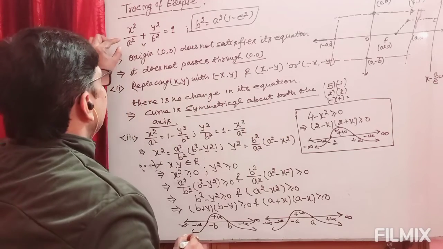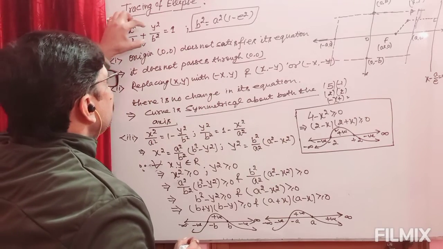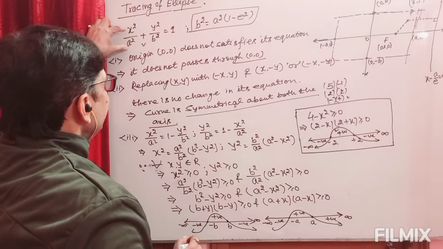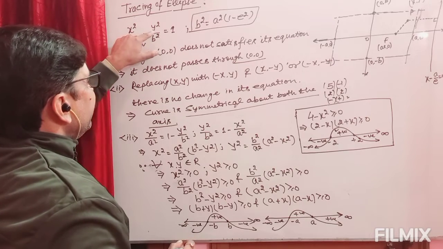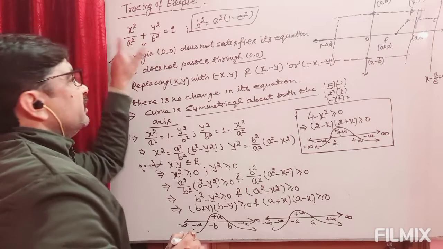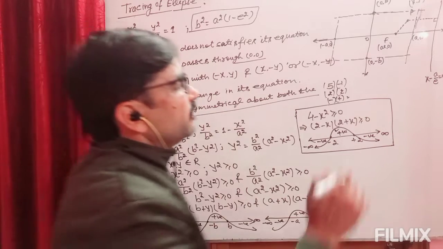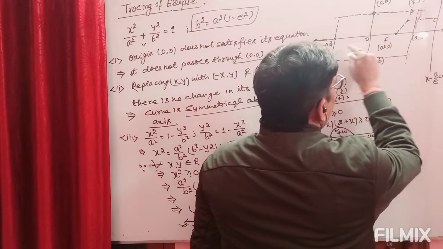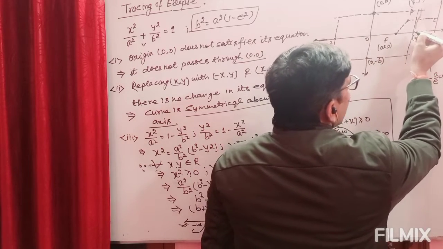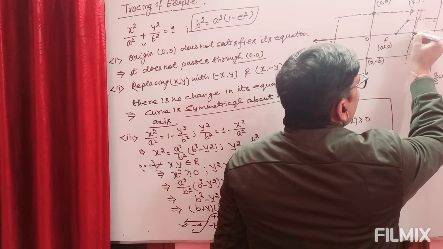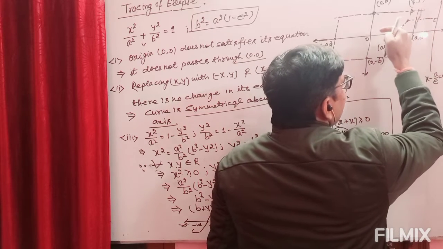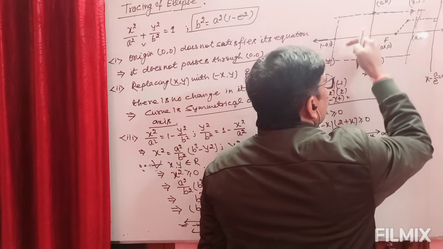So as x increases its value, since x square upon a square plus y square upon b square is equal to 1, y will reduce its value, and when y increases its value, x will reduce its value. So x and y vary from minus a to a and minus b to b in the manner that when x keeps on increasing, y will be decreasing. When y is decreasing, x will be increasing.